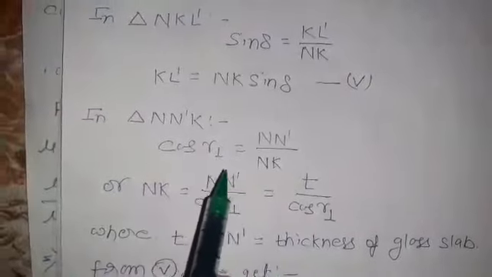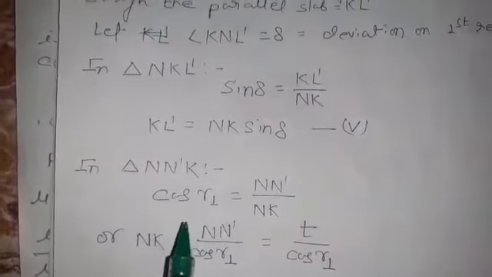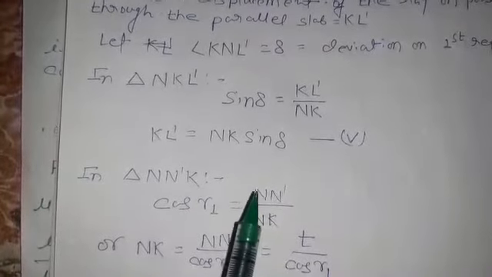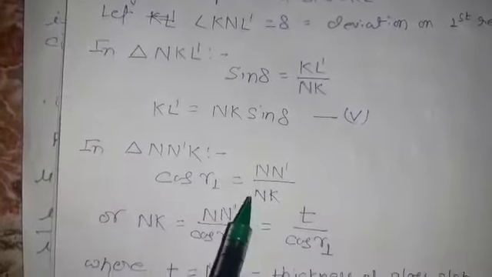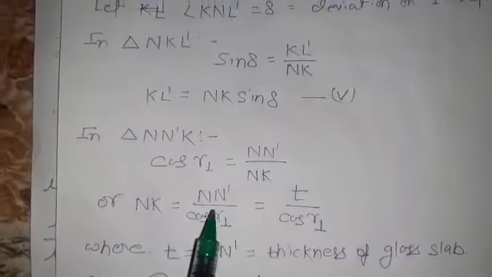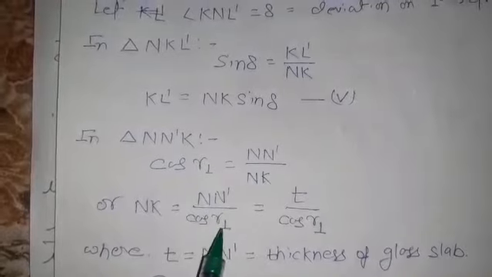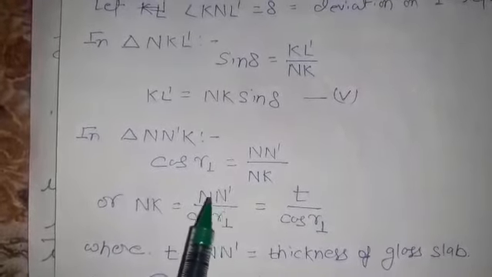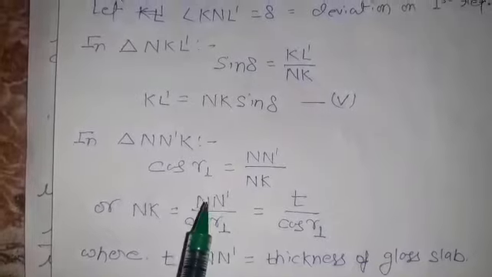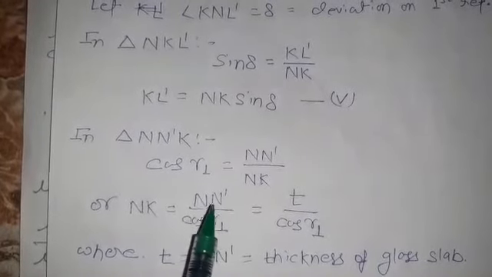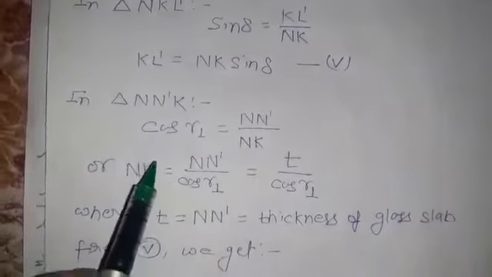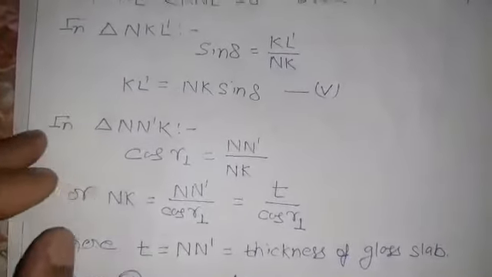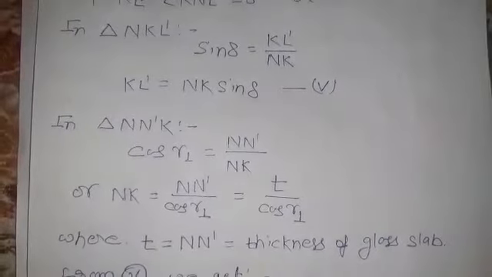In this particular triangle we calculate the value of cos R1, that is base upon hypotenuse, and N dash is your base, and NK is your hypotenuse. So NK equals N dash upon cos R1, and N dash is nothing but the thickness of the glass slab. So T upon cos R1.